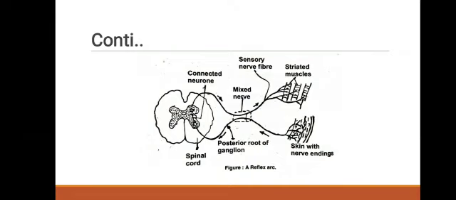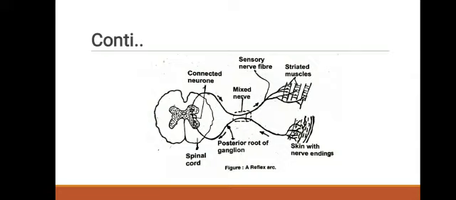This is a diagram of the reflex arc. Reflex action is the most important function of the spinal cord. A reflex action is an immediate motor response to a sensory stimulus. It is totally independent of will. It is an involuntary movement.